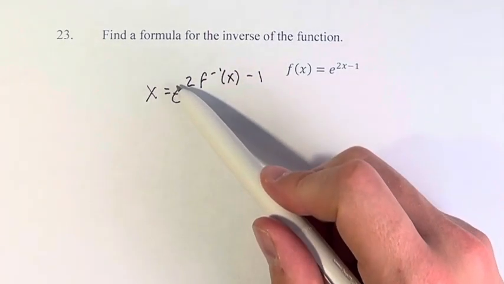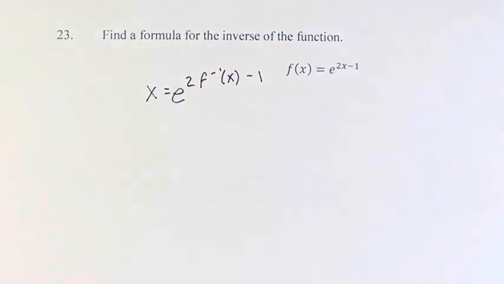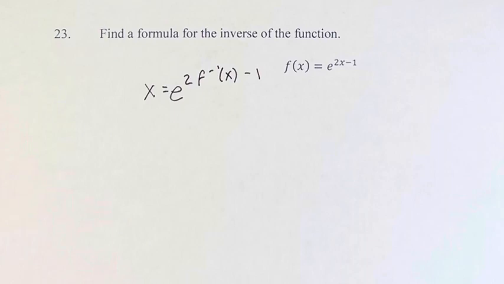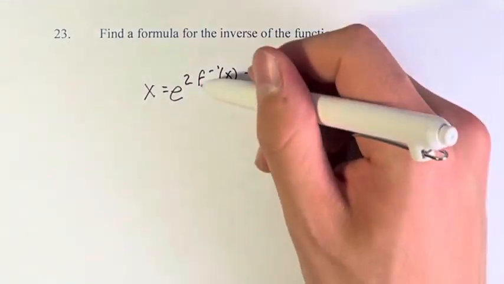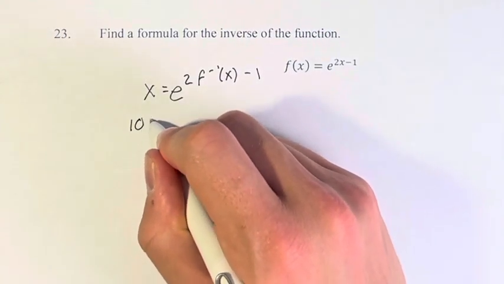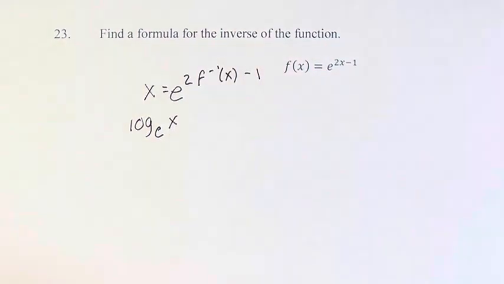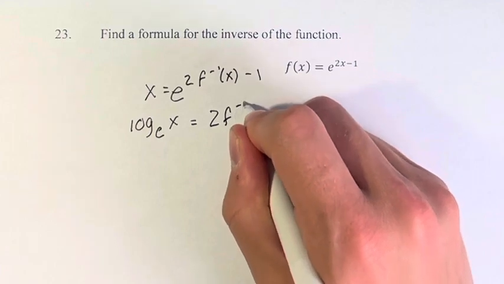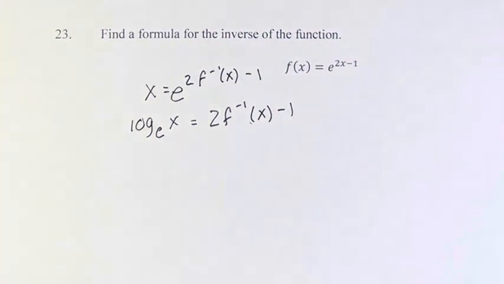So we have e to the 2f inverse of x minus 1 is equal to x. Therefore, we can use the logarithm and say log base e of x is equal to the exponent, 2f inverse of x minus 1.